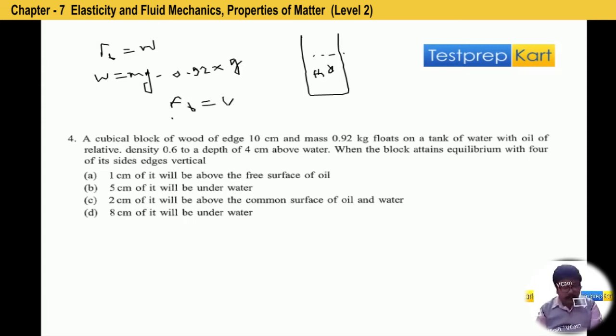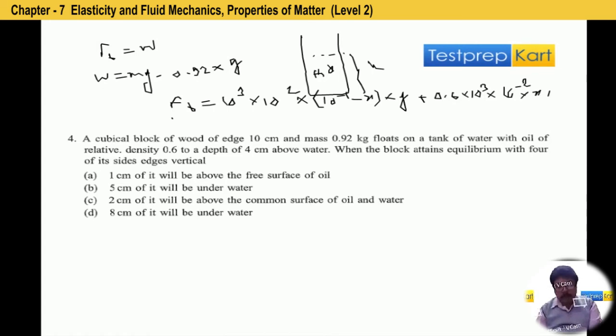So Fb is equal to 10 to the power 2 into 10 to the power negative 2 into (10 to the power negative 1 minus x), we have to find out the value of x, plus 0.6 into 10 to the power 3 into 10 to the power negative 2 into x into g. So this value is 0.92.